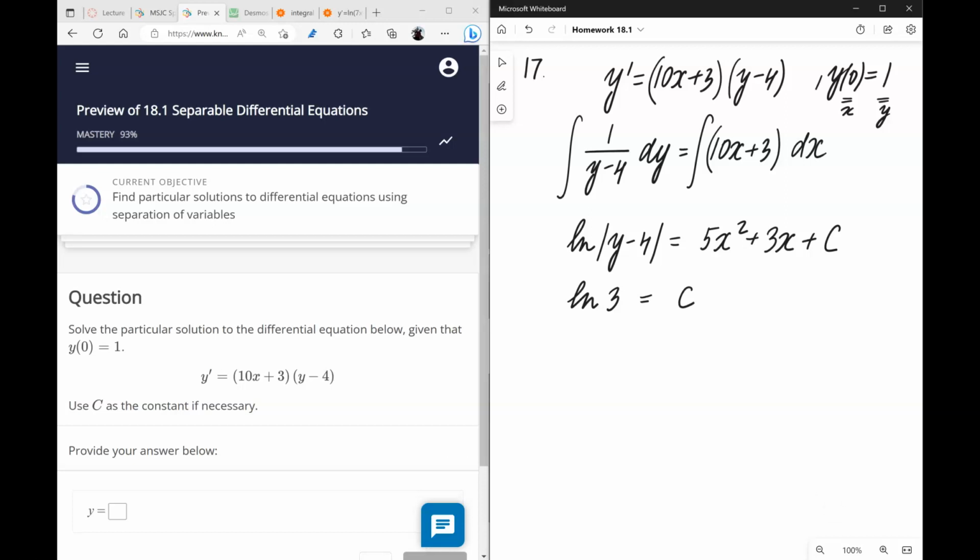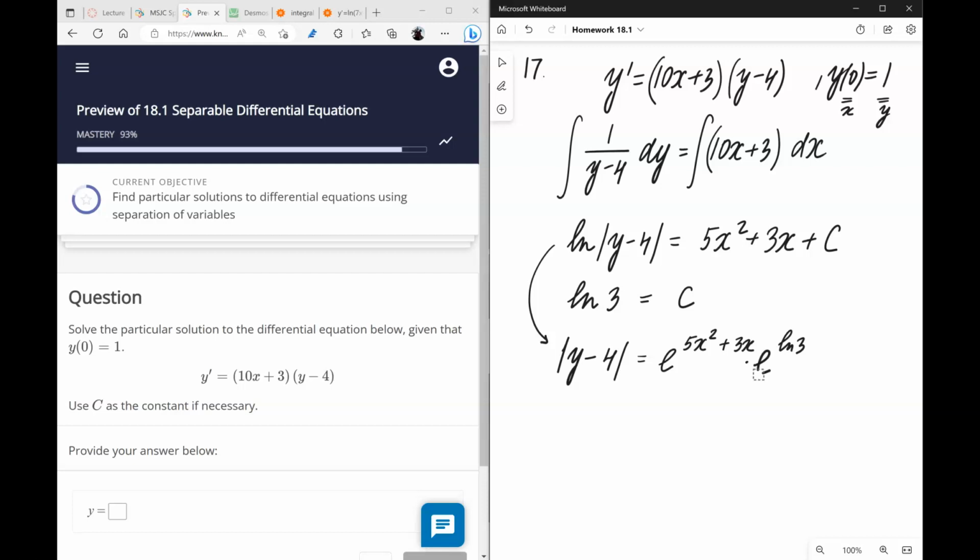And now that we know what c is, let's isolate y. So we're going to exponentiate both sides. Now, ln 3 can be brought down by using properties of exponents like this.